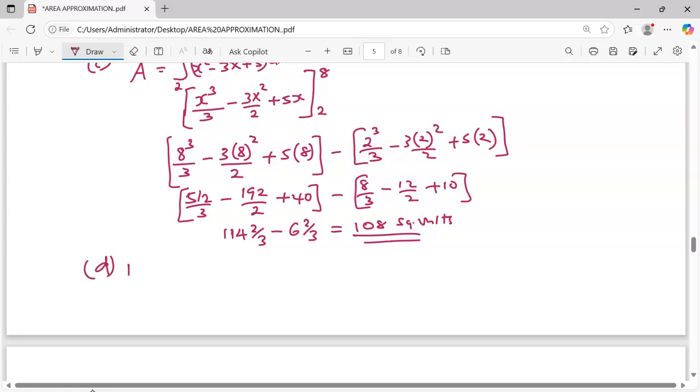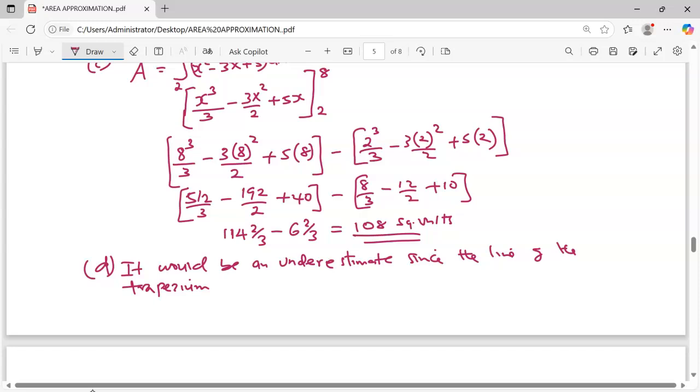So for D, we can conclude and say it would be an underestimate, since the line of the trapezium will run below the curve in the given region.